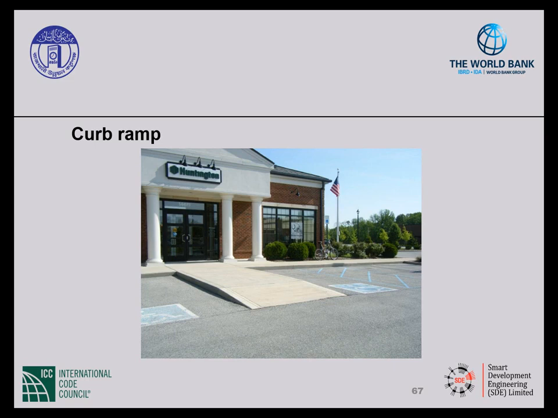However, you can see that the detectable warning is missing from the base of the curb ramp. Something that maybe is not quite as noticeable is because the access aisle is on the other side of the parking place. When somebody exits their vehicle, they would have to go out into the vehicular way to get access to the curb ramp. So for those reasons, this curb ramp would not comply.